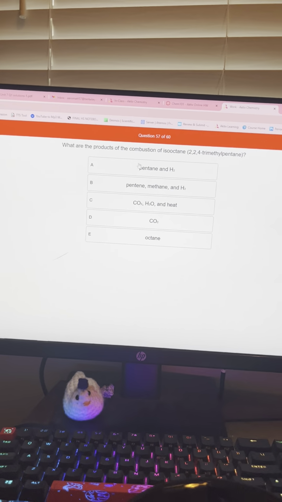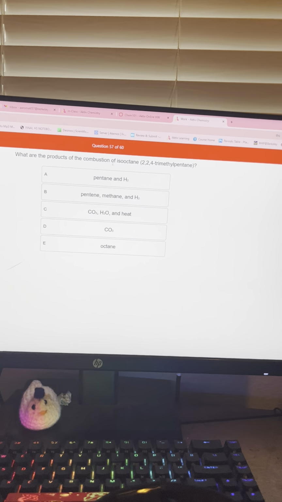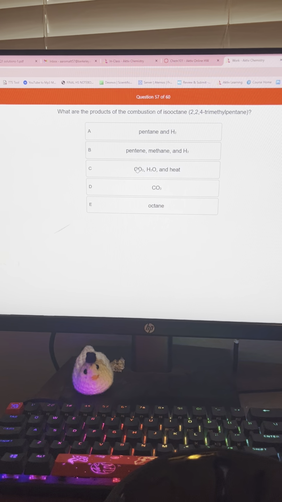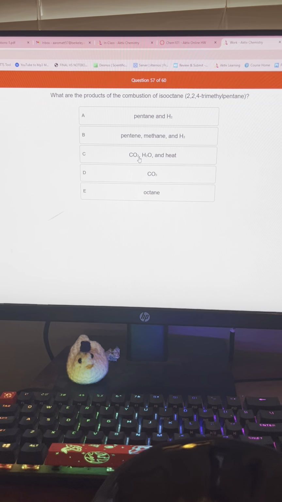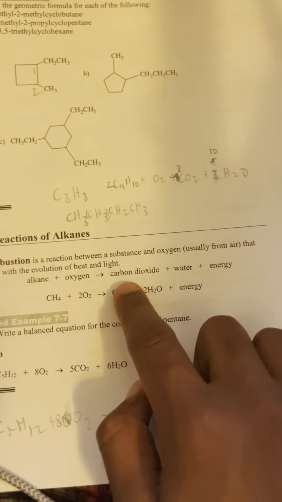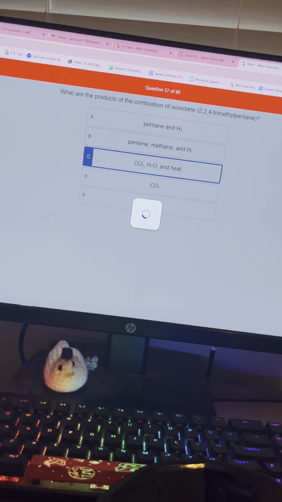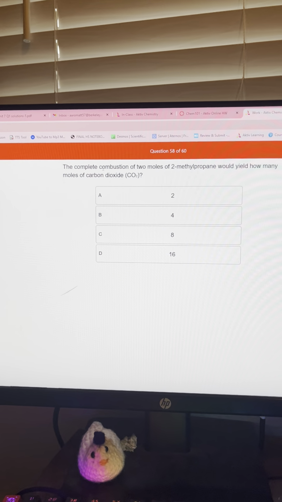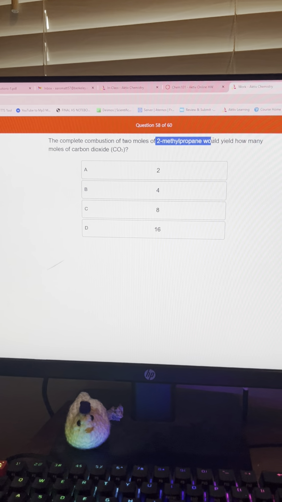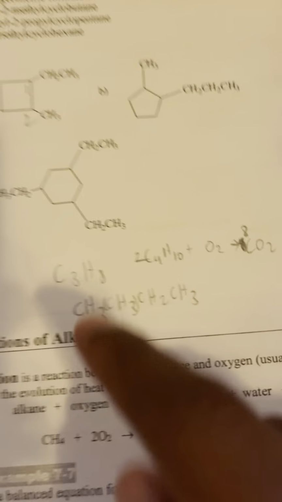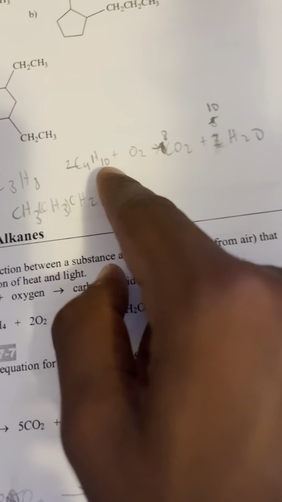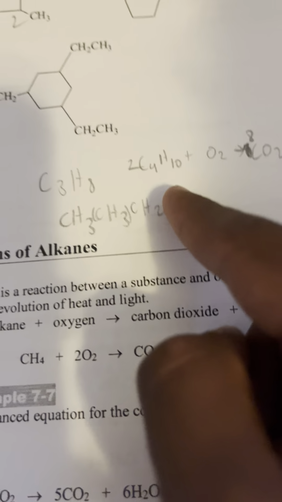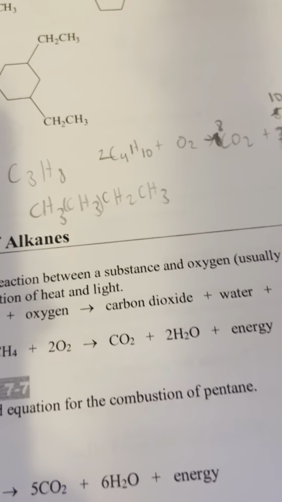Okay, next, what are the products of combustion of isooctane? So for combustion, remember, products are always carbon dioxide, water, and heat. Carbon dioxide, water, and heat. Okay. And then now we're trying to find a combustion reaction with 2-methylpropane. 2-methylpropane is C4H10, because propane is C3H8, and then add the methyl, C4H10.